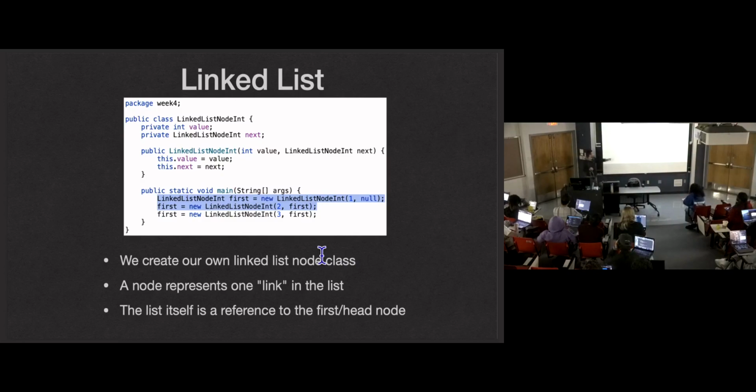Then to answer your question, if I added a fourth line that said first equals new linked list node of 4, null, then I would no longer have access to the first 3 nodes, and they would get garbage collected. But as long as they're accessible somewhere, through any number of jumps across the heap, as long as I can somehow get to that object, it will not get garbage collected.